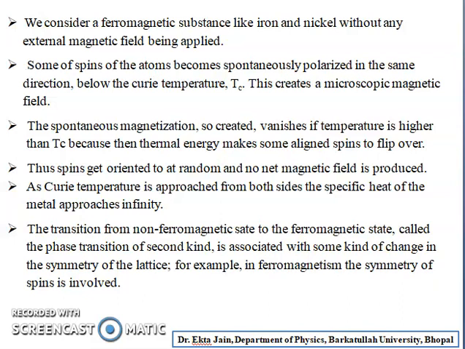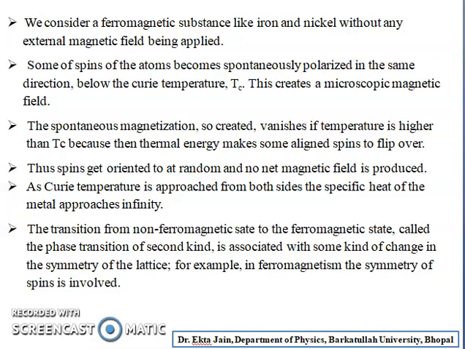To study the Ising model in detail, we consider a ferromagnetic substance like iron and nickel without any external magnetic field being applied. Some spins of the atoms become spontaneously polarized in the same direction below the Curie temperature. This creates a microscopic magnetic field.